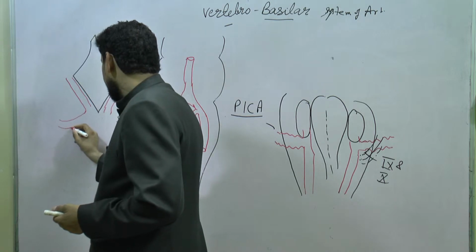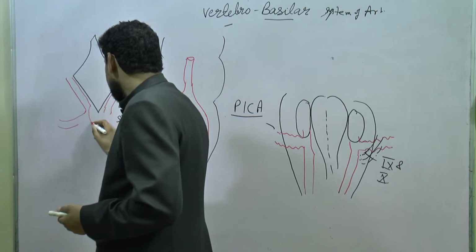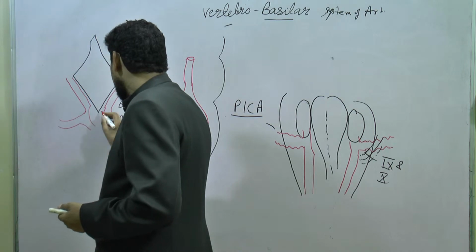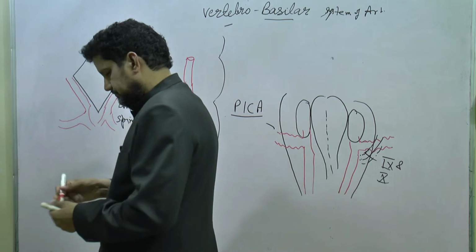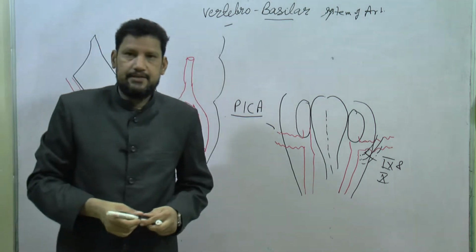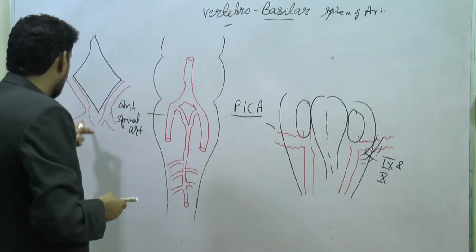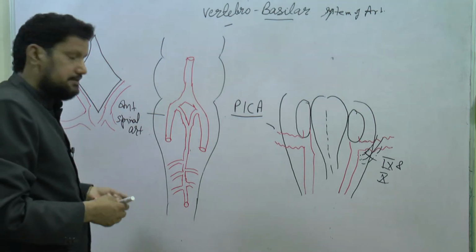Here the artery is dividing into its medial branches and lateral branches.